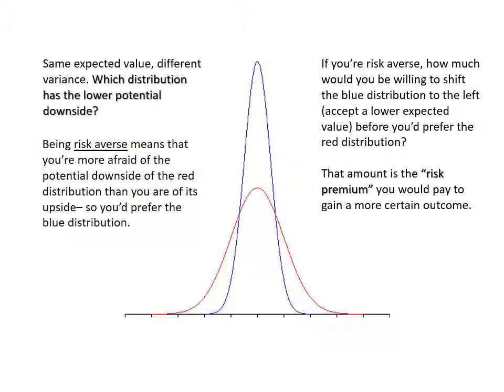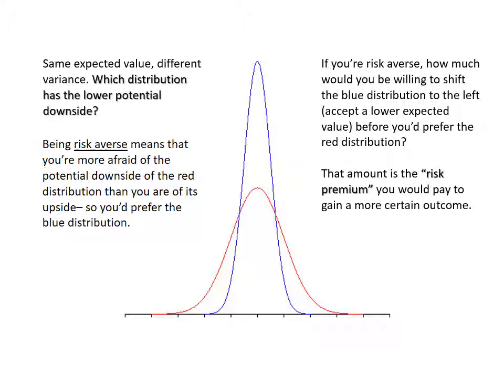In particular, the probability that you experience a really big loss, a value on the lower end of the x-axis, is much higher if you choose the red choice here. In other words, you have much more certainty if you go the blue direction that whatever the outcome is, it's going to be pretty close to the expected value, right? So it has lower variance.